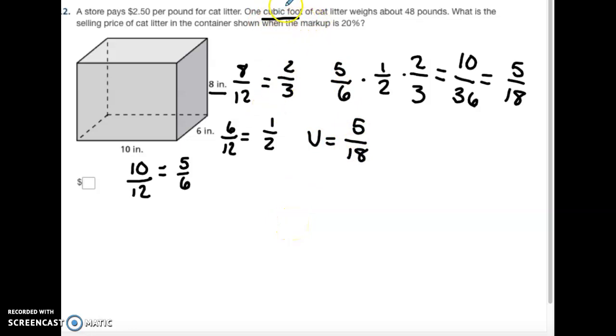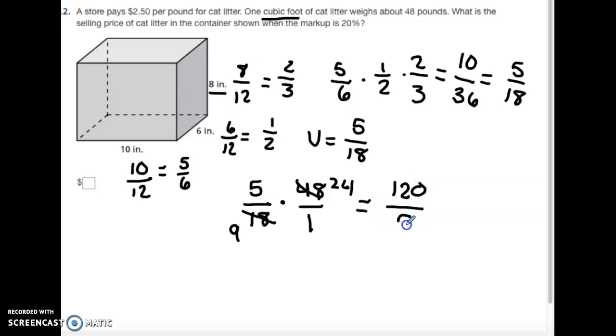Now it says 1 cubic foot of cat litter weighs 48. So if we have 5/18, we want to know how many pounds we have. So let's multiply. Cross reduce first, can be divided by 2. Okay. And we get 120 over 9, which is 13 1/3 pounds.